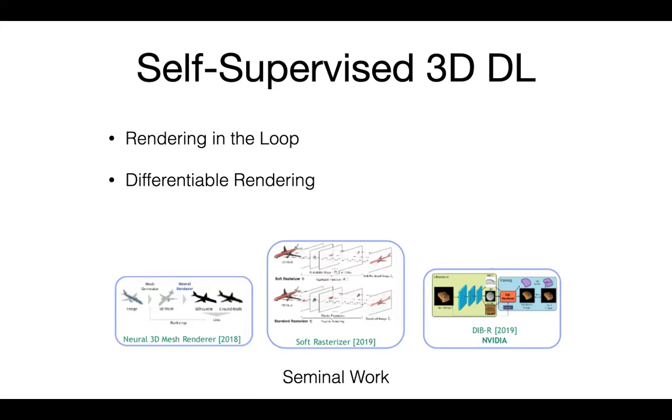And then rendering is incorporated in the whole system. And the seminal work with this started around 2019. So these are three different differentiable rendering systems that were used in AI graphics for self-supervised 3D learning.